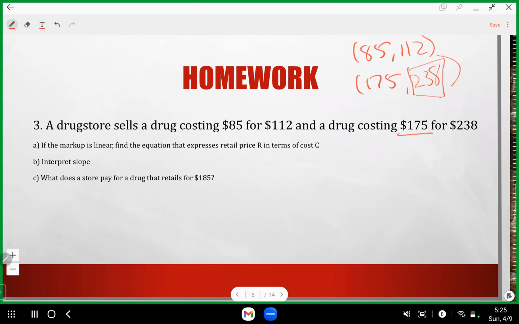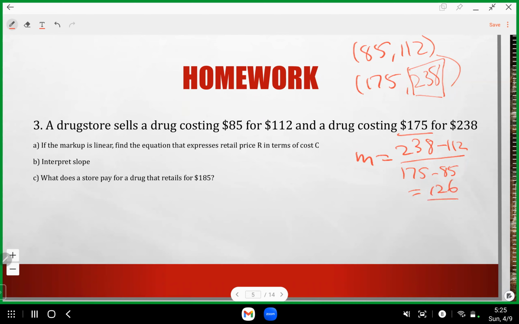238 is the markup. So that means 175 is the independent variable, meaning it's the x. Then from this, we can find the slope is 238 minus 112 over 175 minus 85. 238 minus 112 is 126, divided by 175 minus 85, which is just 90.